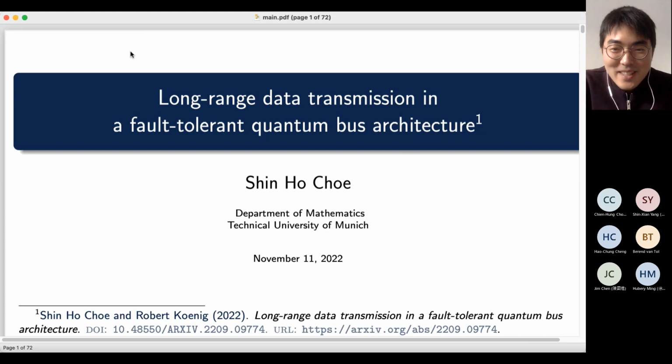Basically, the title is about quantum bus architecture, but the paper is mainly about long-range entanglement generation. So I'll briefly introduce what that means.